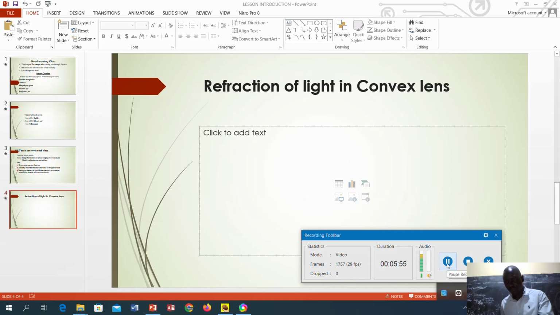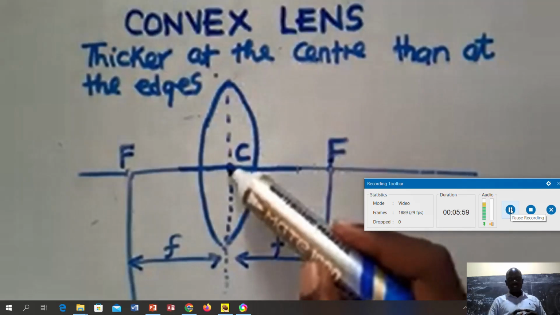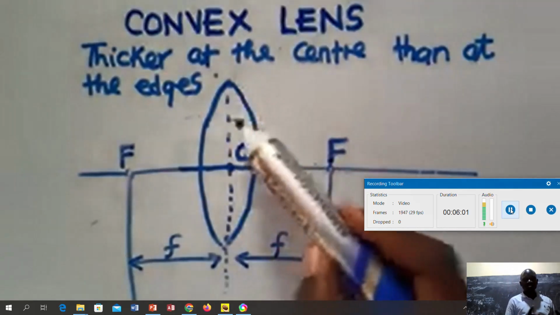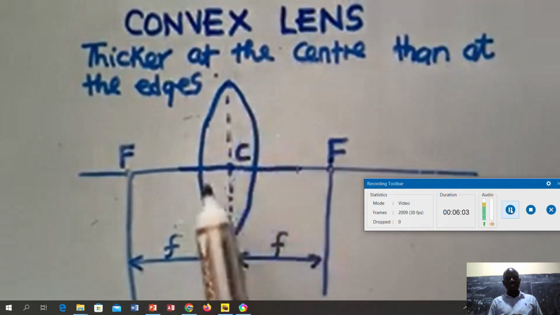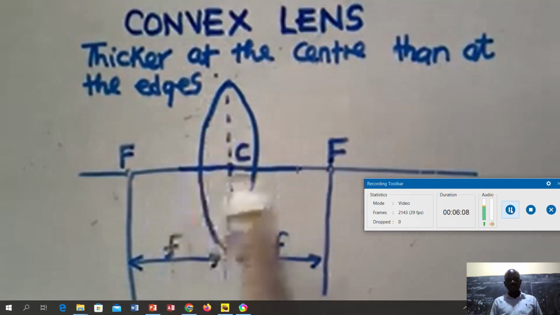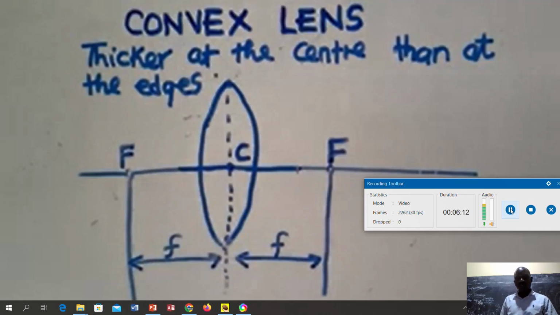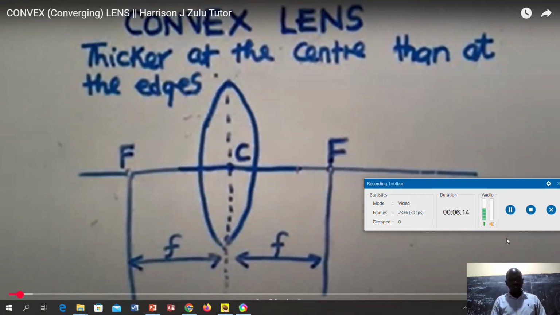Like I said, we are going to look at the convex lens, which is the type of lens that is thicker in the middle, and the diagram I'm drawing here on this flip chart illustrates how a convex lens looks.